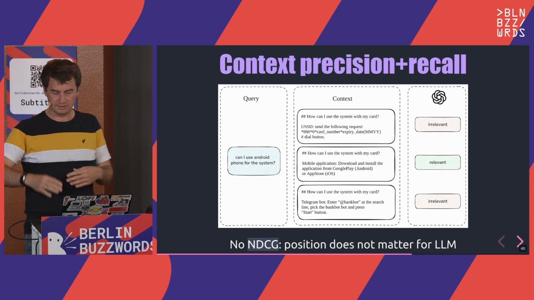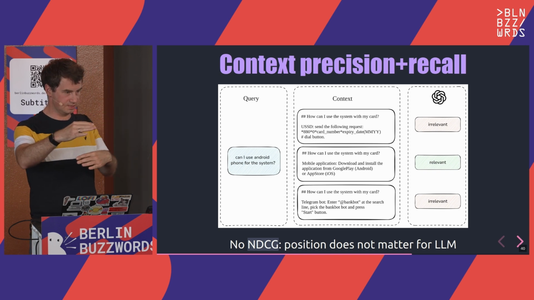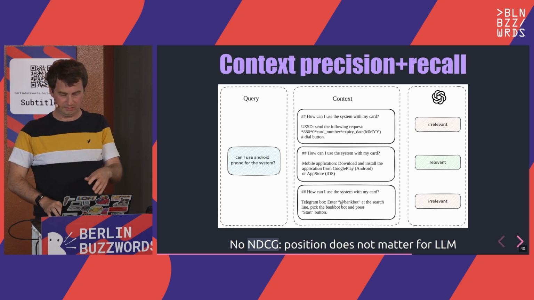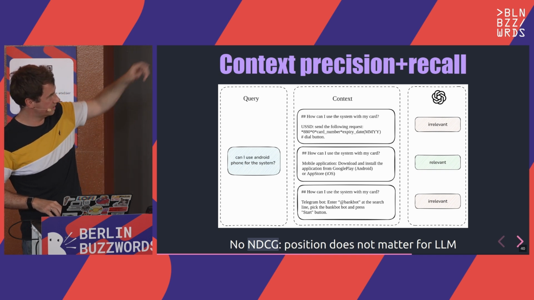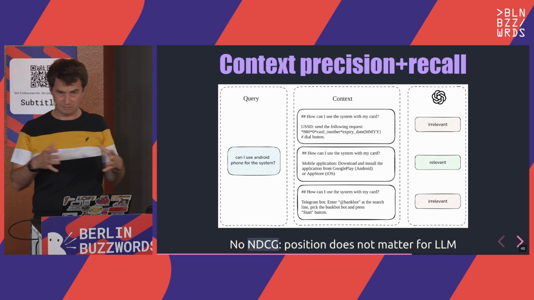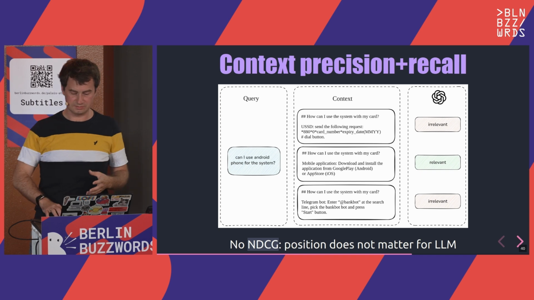And our context length is usually the same, so you can compute a context precision and context recall with these labels, and go for it as an original metric for context relevancy.